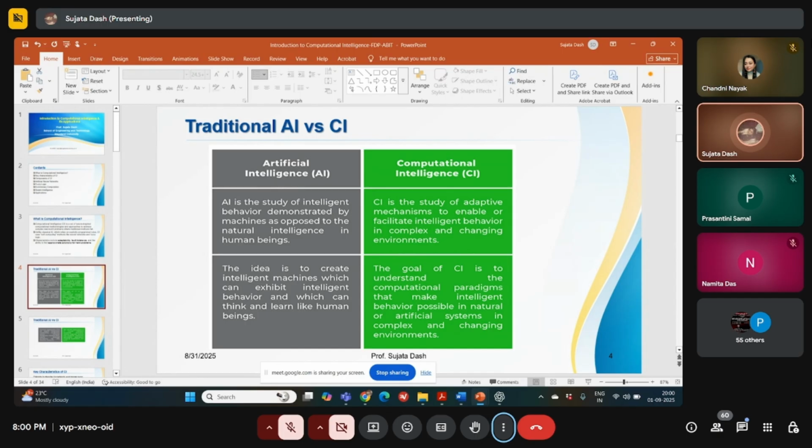It is similar to how humans think and act. For example, AI can play chess, recognize your voice on a smartphone, or recommend movies on Netflix. The focus here is on making machines act smartly, think, learn, and solve problems like human beings.